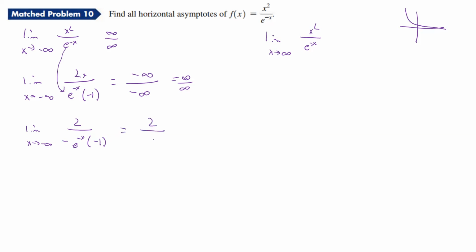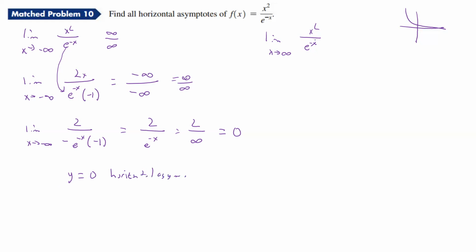So this is really 2 over e to the minus x. As we go to negative infinity, e to the minus x goes to positive infinity, so we get 2 over infinity, and that's going to be 0. And so y equals 0 is going to be one horizontal asymptote.